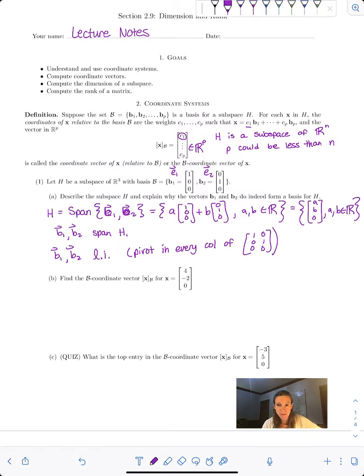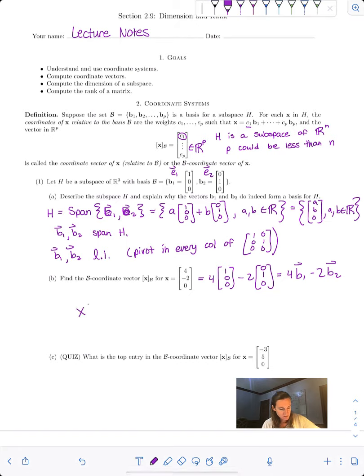Now let's write down the b coordinate vector. Here, if we write x in terms of these basis vectors, we have 4 times the first one minus 2 times the second one. So that's 4 times b1 minus 2 times b2.